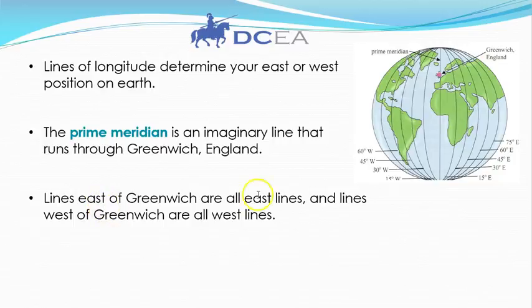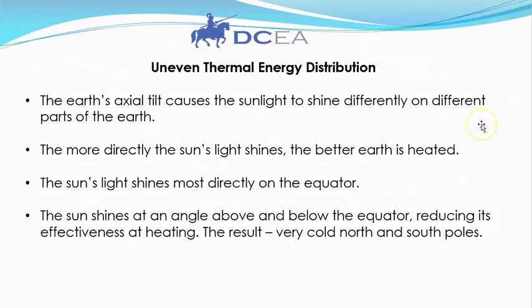So the lines east of Greenwich are all east lines, lines west are all west lines, and they go similarly as you saw with latitude. You'll have 15 degrees west, 30 degrees west. You'll have 75 degrees east, and so forth.